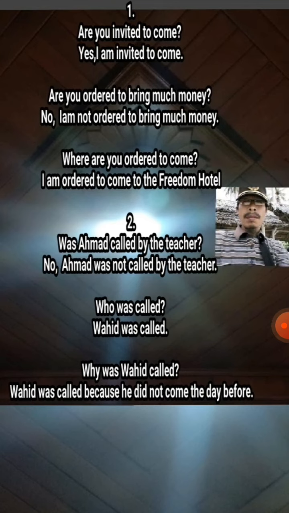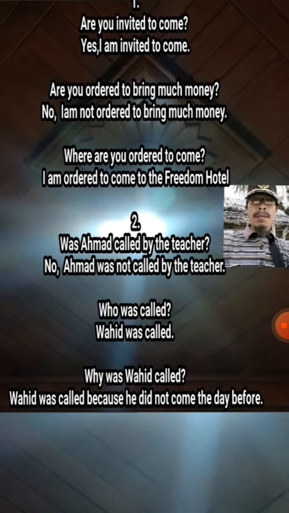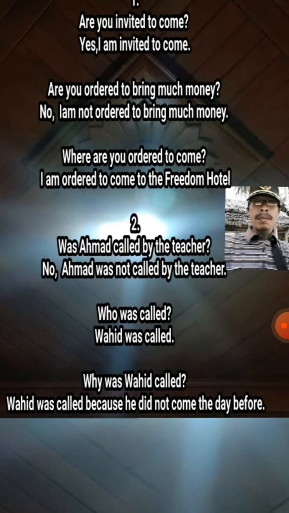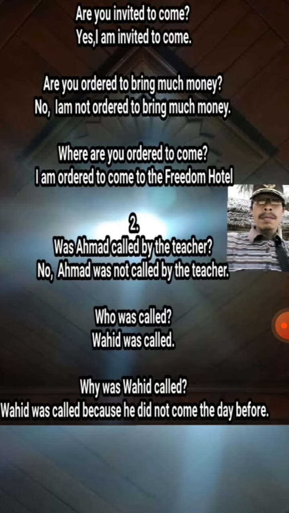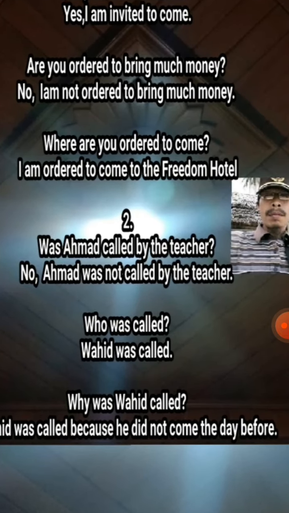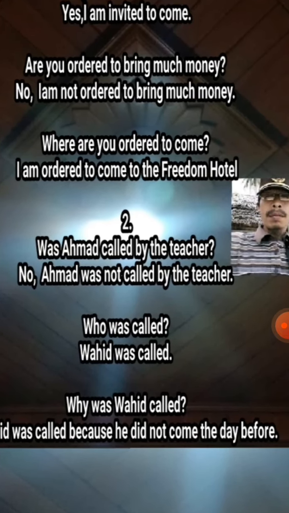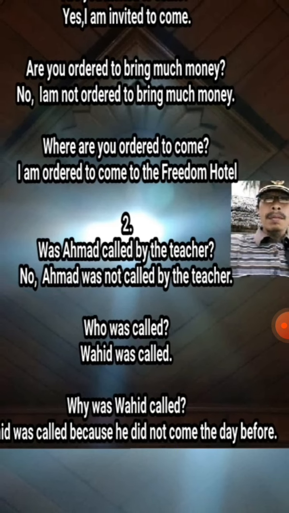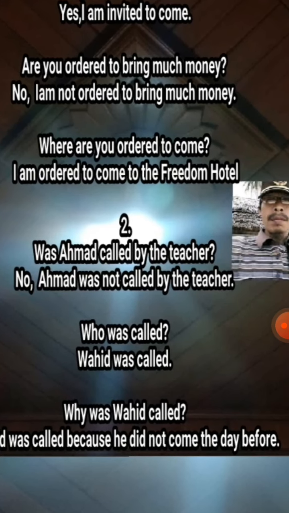Oh no, I'm not ordered to bring much money. Are you ordered? Here also, after the subject we use the past participle or the third verb, to show that the sentence is in the form of passive.